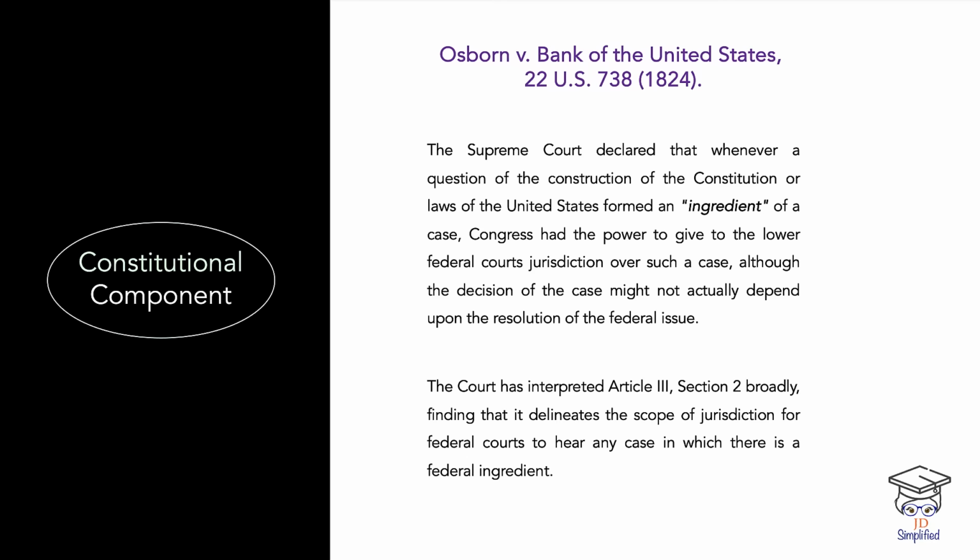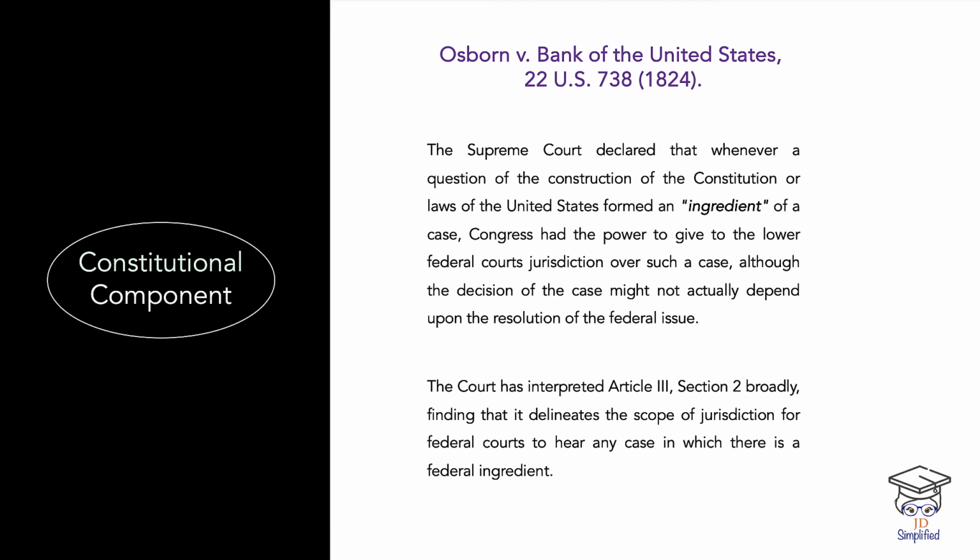And this is the case even if the decision of the case might not actually depend upon the resolution of that federal issue, of that federal ingredient. The court has interpreted Article 3, Section 2 broadly, right? Finding that it delineates the scope of jurisdiction of all the federal courts to hear any case in which there is a federal ingredient.